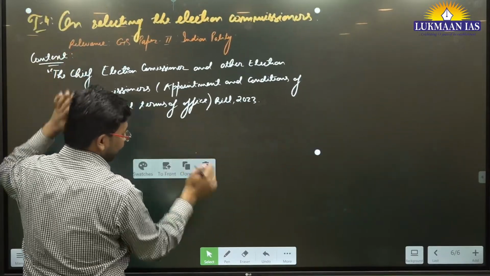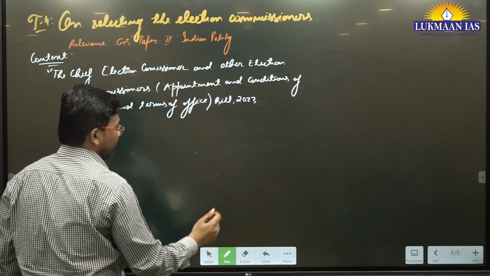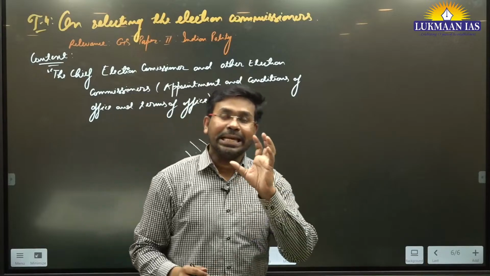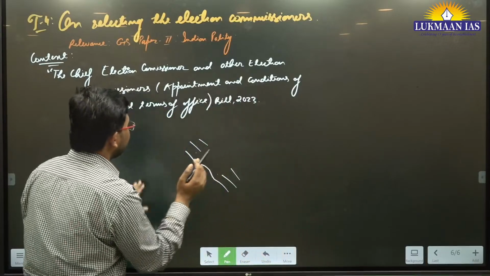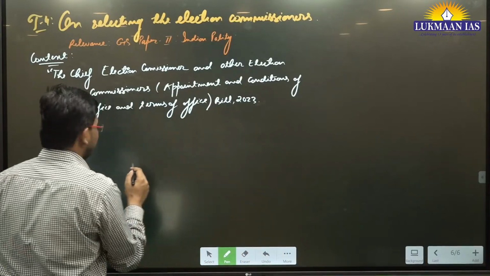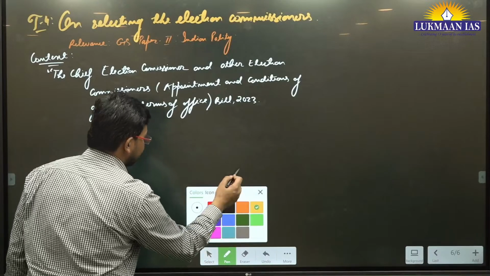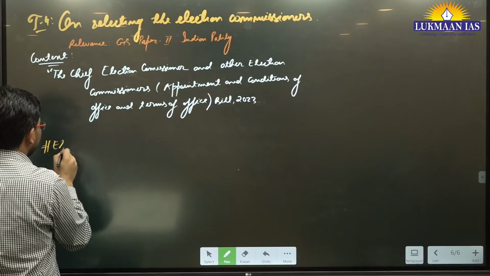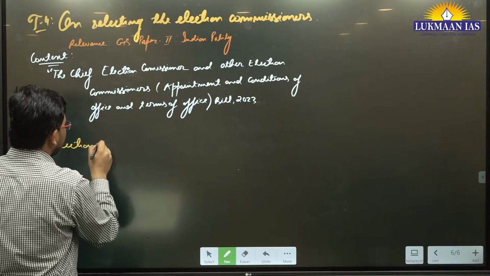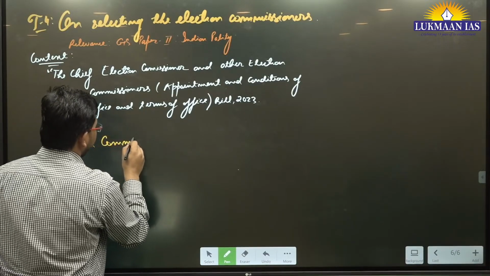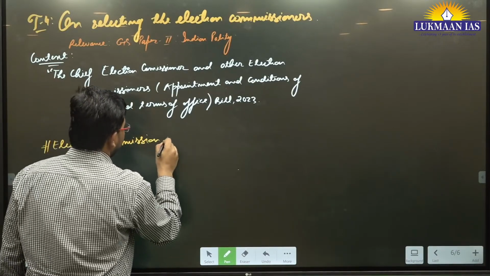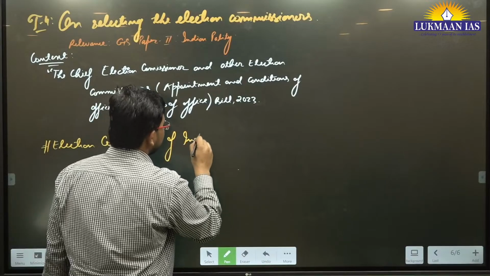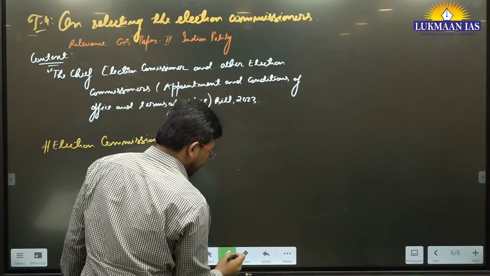So basically, what is this? When we talk about the Election Commission of India, this is related to the appointment of the election commissioners in the Election Commission of India. The Election Commission of India is a multi-member body. It has 3 persons.